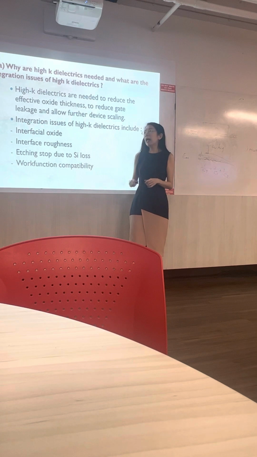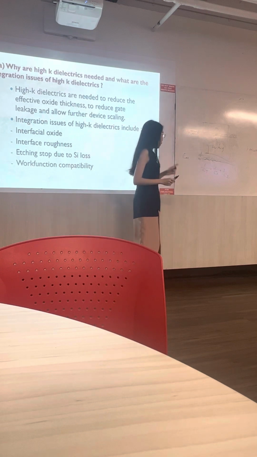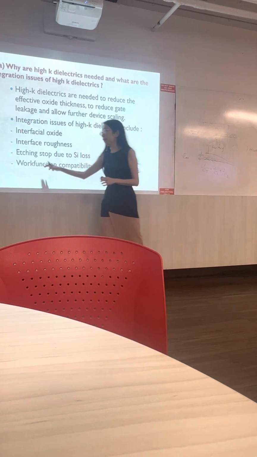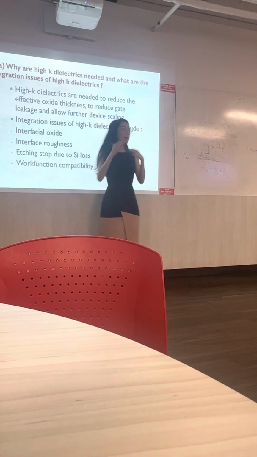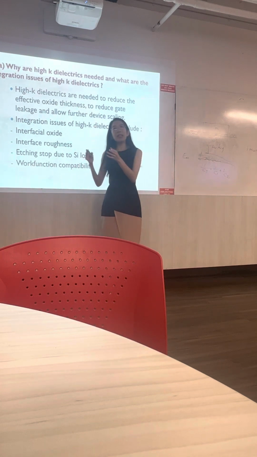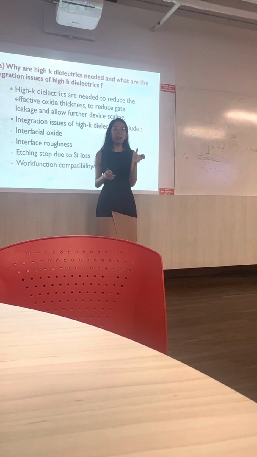And when you select the high K, we also need to consider work function compatibility. Okay, this work function is not for the high K, it's for the metal gate. So when you select a high K material, you have to adjust the work function of the gate.